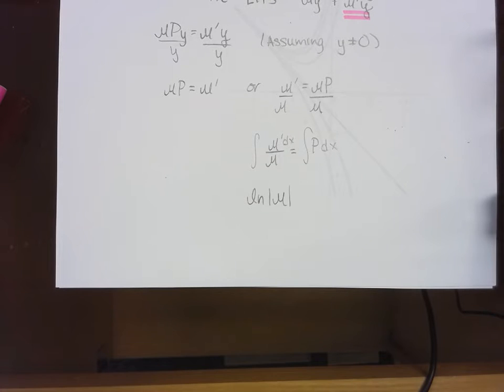If I did a u substitution, u would be mu and then du would be its derivative, which would be this. So I'd have du over u, and so I'd have ln of u, but u is mu. You don't ever have to go through the derivation of this, so I won't ever have you do this. I'm just kind of deriving the process.